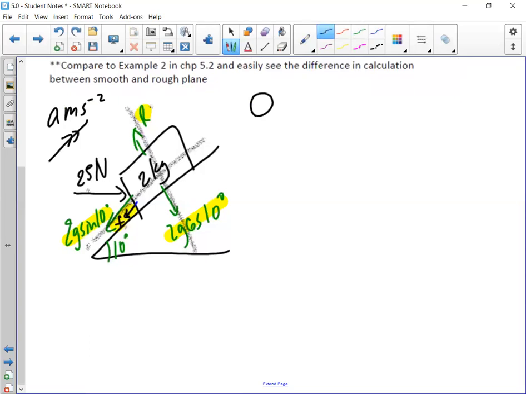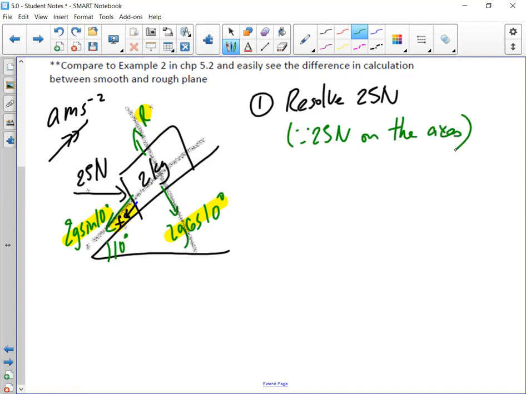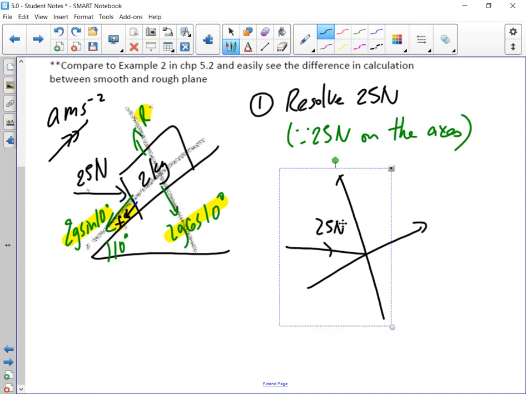The 25 Newton. If they're not on the axis, what do we do? Resolve it. So step 1, we need to resolve 25 Newton. I'll put the reason here again, because 25 Newton is not on the axis. Make sense? Right, so let's just draw a pair of axes. Okay, inclined plane, 25 Newton going in like this. We can make a right angle triangle by turning this up.